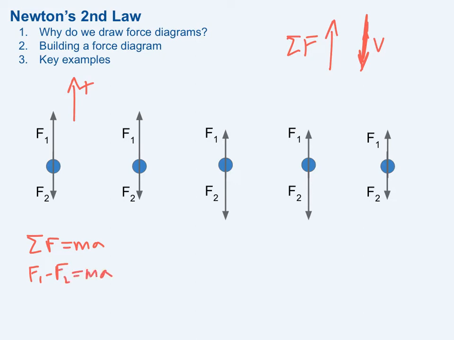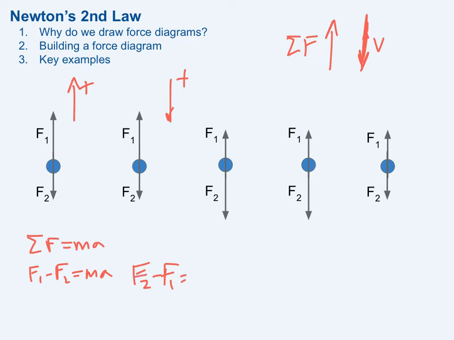But if instead our object was moving down, if it was falling, then we would usually call that our positive direction. At least that's the way that I teach it. And so in this case, I would set up my equation as F2 minus F1.